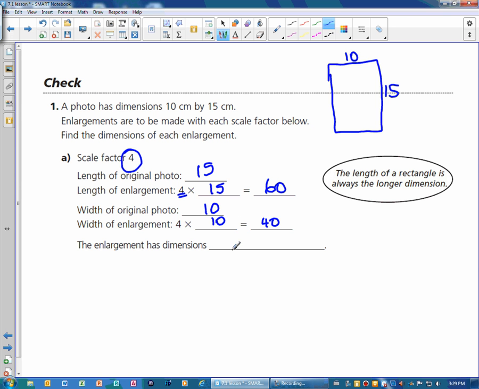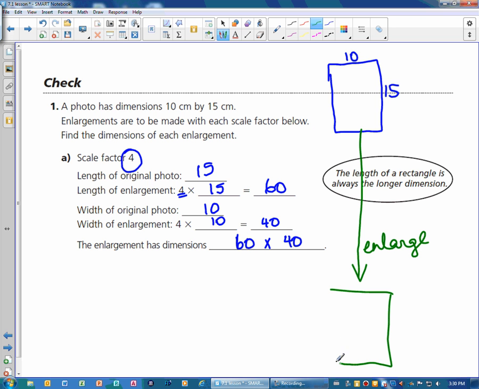So the enlargement has dimensions of 60 by, I know it looks like times, but by 40. Okay, so once we take our photo and we enlarge it, it's going to be way bigger. It's going to be 60 by 40.